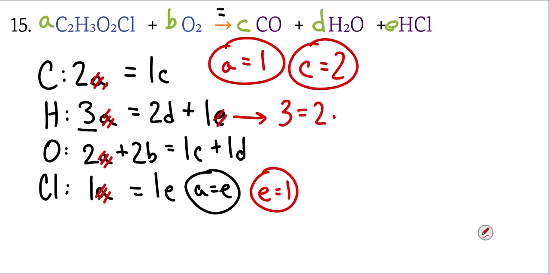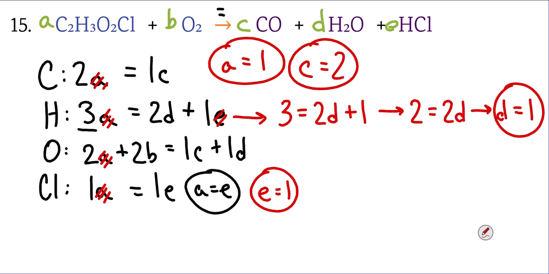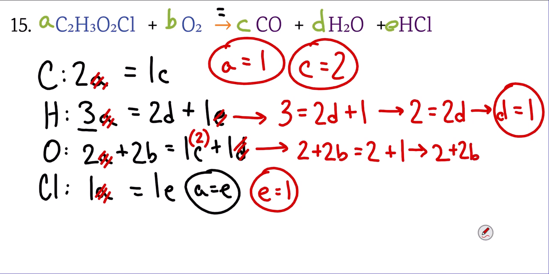When we solve, we find out that D is equal to... When we solve, it turns out that B is equal to a half.